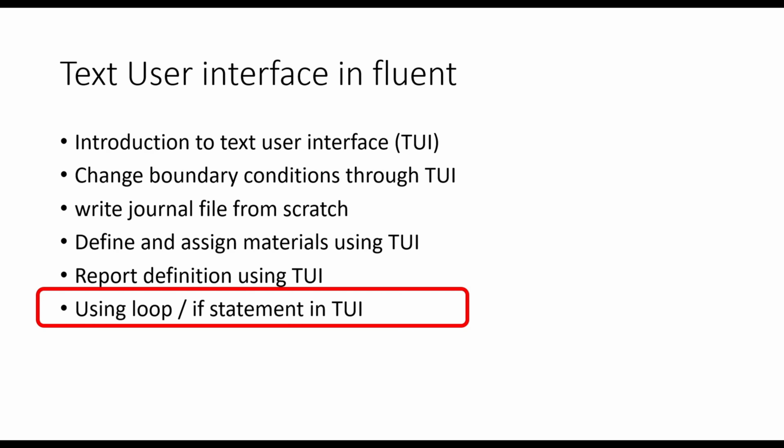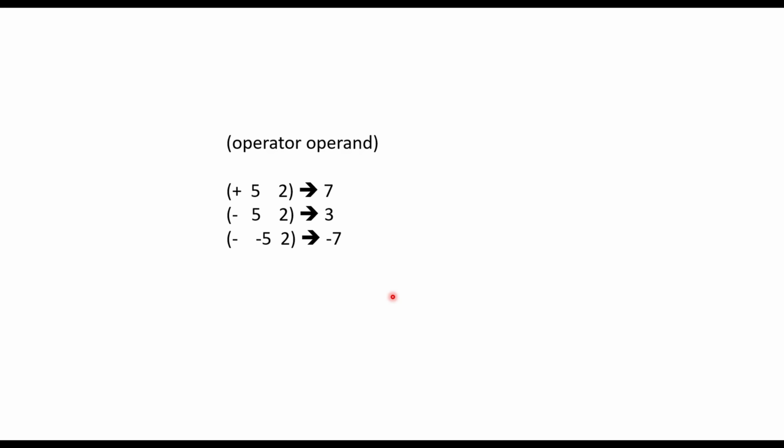Before using a loop or if statement, you should have a basic understanding of the Scheme language. I will give you a really brief introduction so that you can understand the loop or if statement. In Fluent, the Scheme language is used to write the text user interface. It is a little bit different from conventional languages.